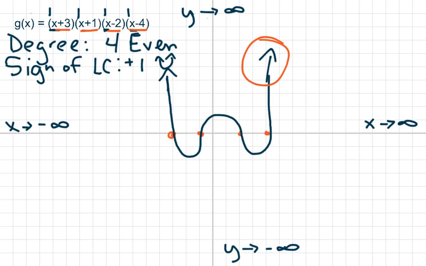So this right side is in the first quadrant, so as x approaches infinity, y is approaching positive infinity.